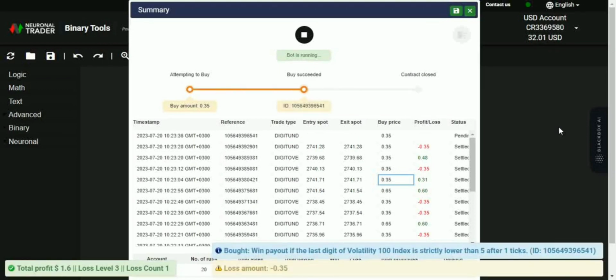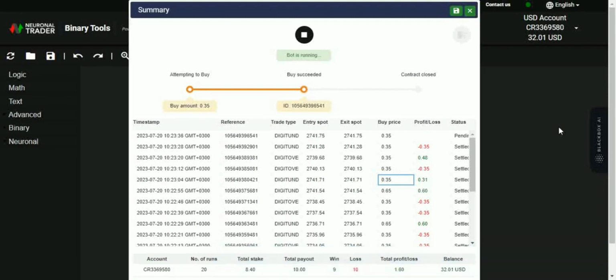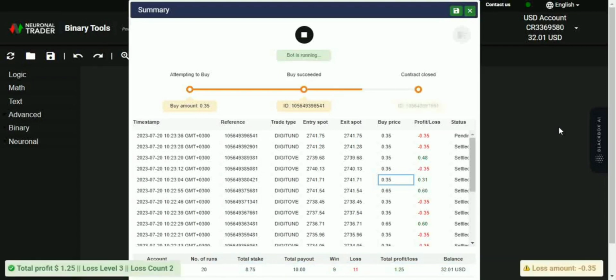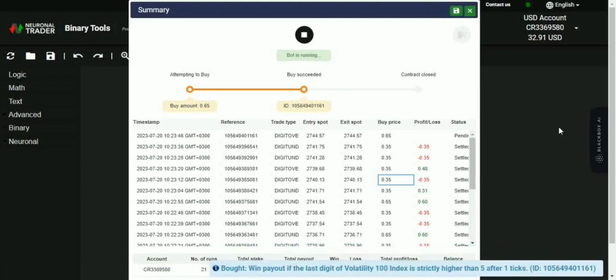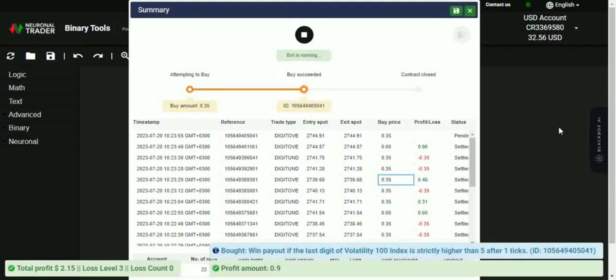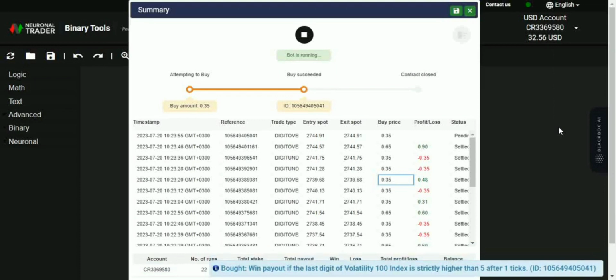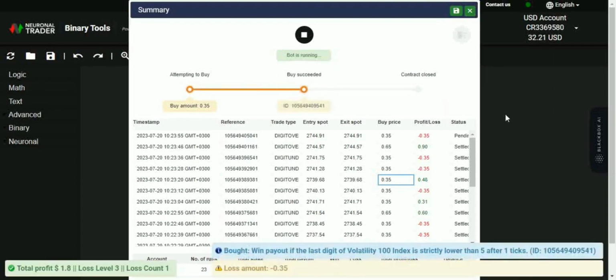Because in trading, remember, you risk what you can afford to lose. So if you're going for a higher target, know that there are risks involved, and if you can't bear them, then you better lower your target profit. Yeah, so that is very key. That is very, very key.